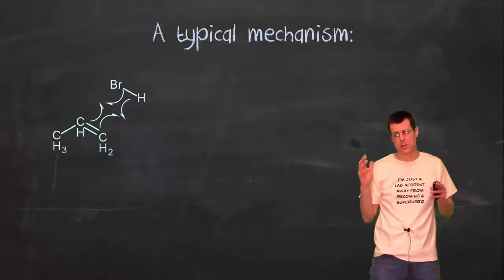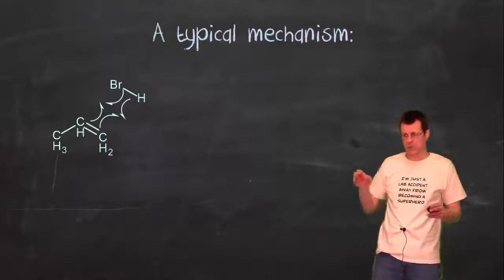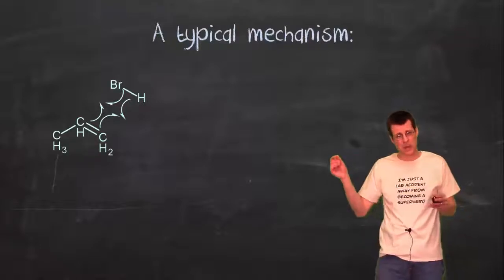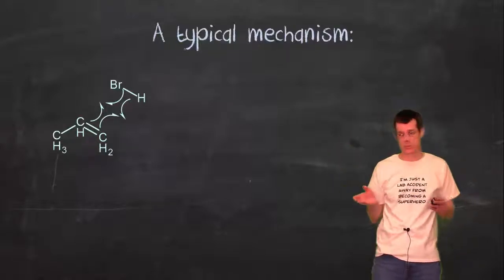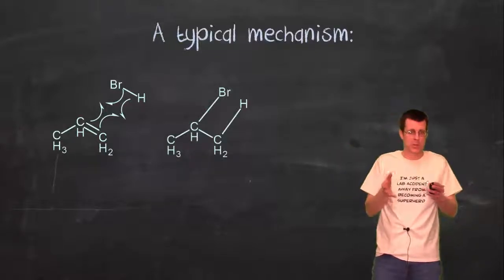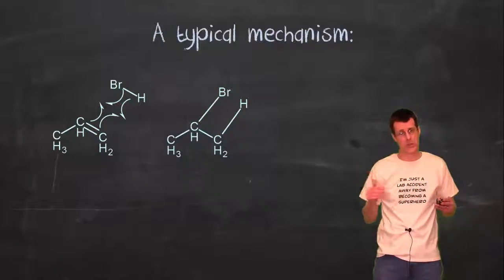And then the electrons in the bond between hydrogen bromide, they also move. And those arrows are representing single electrons moving a certain way. So out of the bond and into a new space where they happen to be able to share between carbon and bromine, carbon and hydrogen.